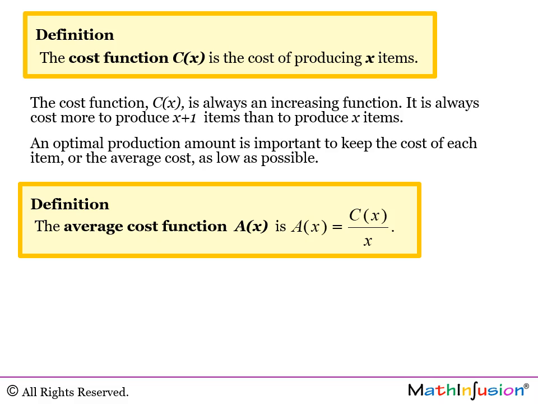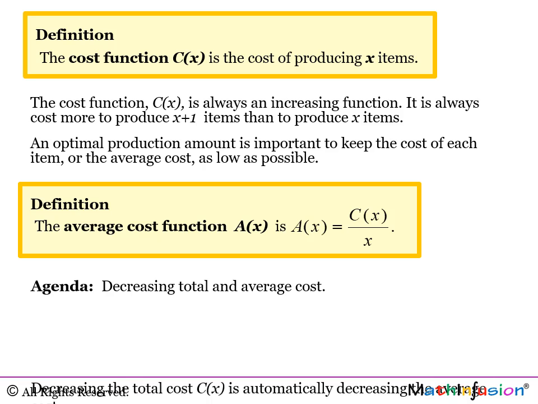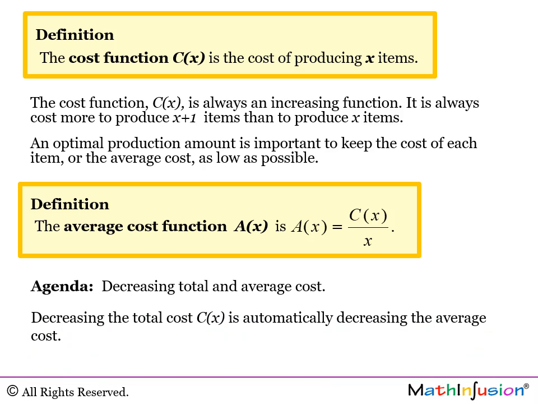And here is the average cost. It is the total cost to produce x items over the number of items. The agenda is to decrease the total cost and the average cost. It's easy to observe that A(x) is decreasing when C(x) is decreasing.